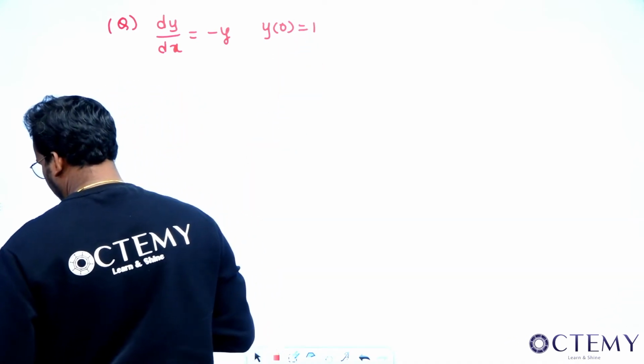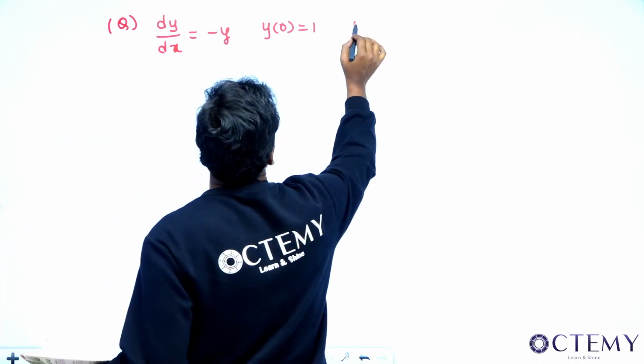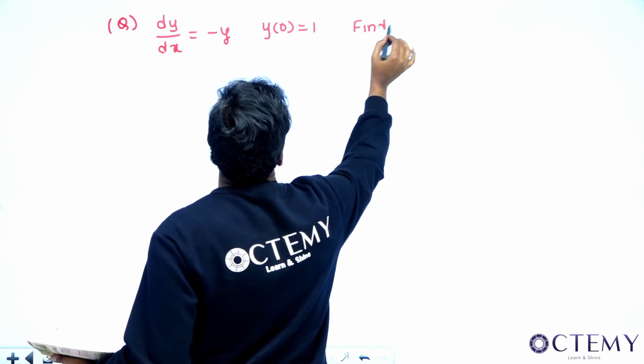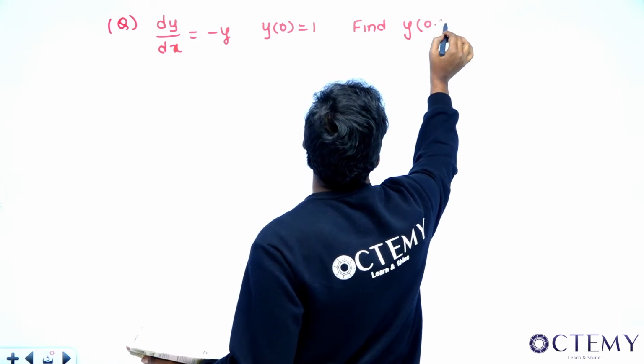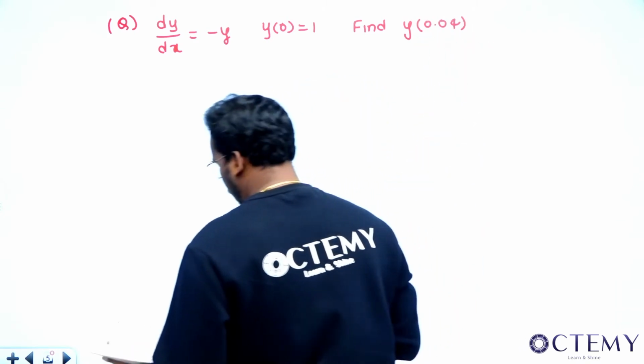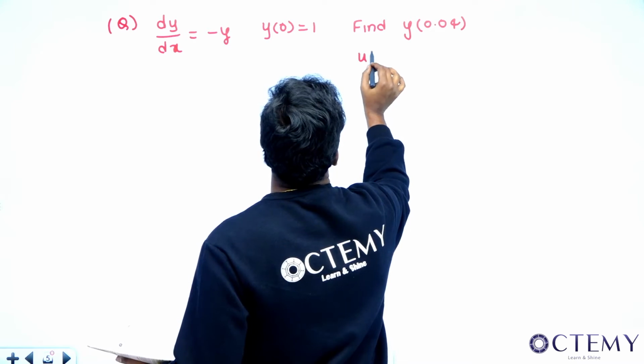And he is asking you to find y of 0.04 using Euler's method.